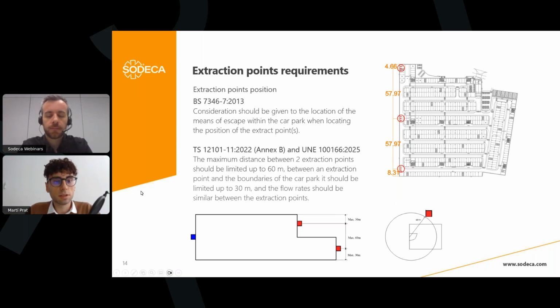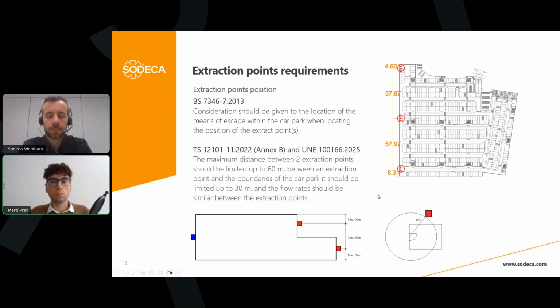We also have this information that is explained in both the Spanish standard and TS 12101 Part 11 of 2022, Annex B, that says that the extraction points should have a maximum of 30 meters from the borders and 60 meters between them.